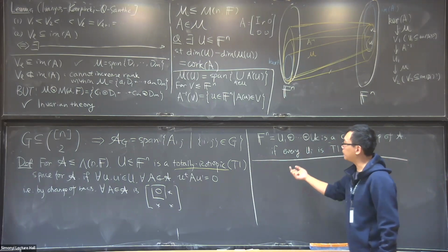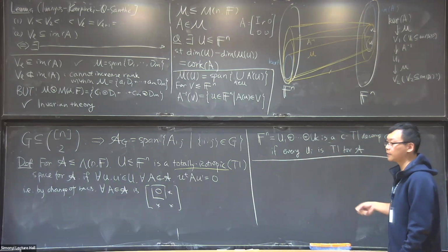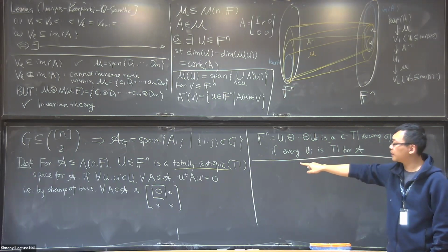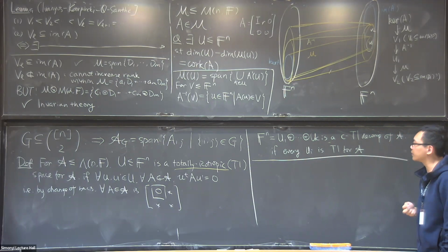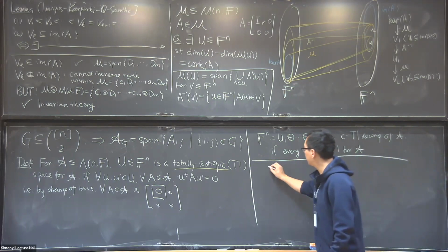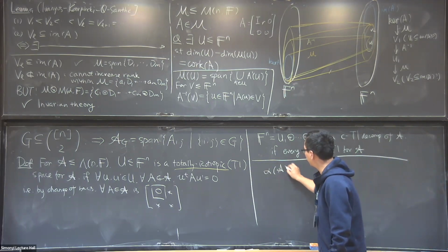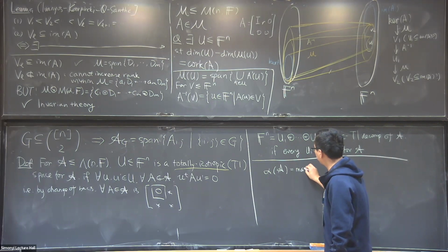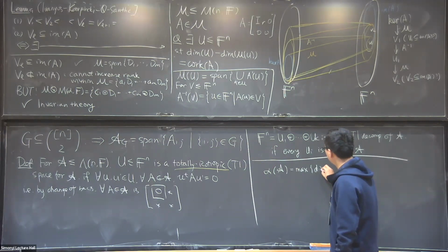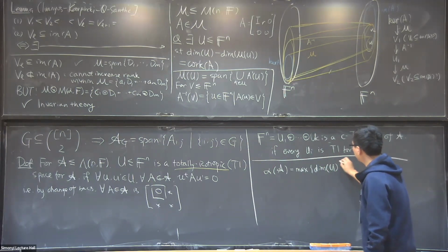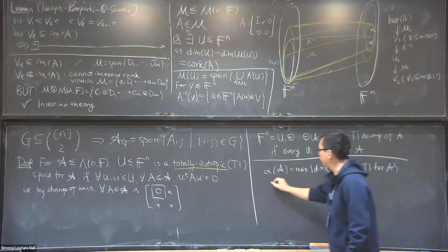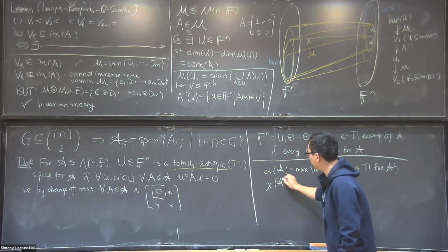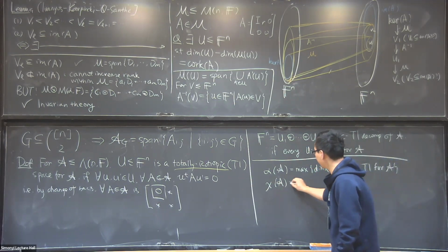Now, I want to define two parameters related to this totally isotropic space and totally isotropic decomposition. That is, alpha of A will be the max dimension such that U is TI for A. And this is chi, right?